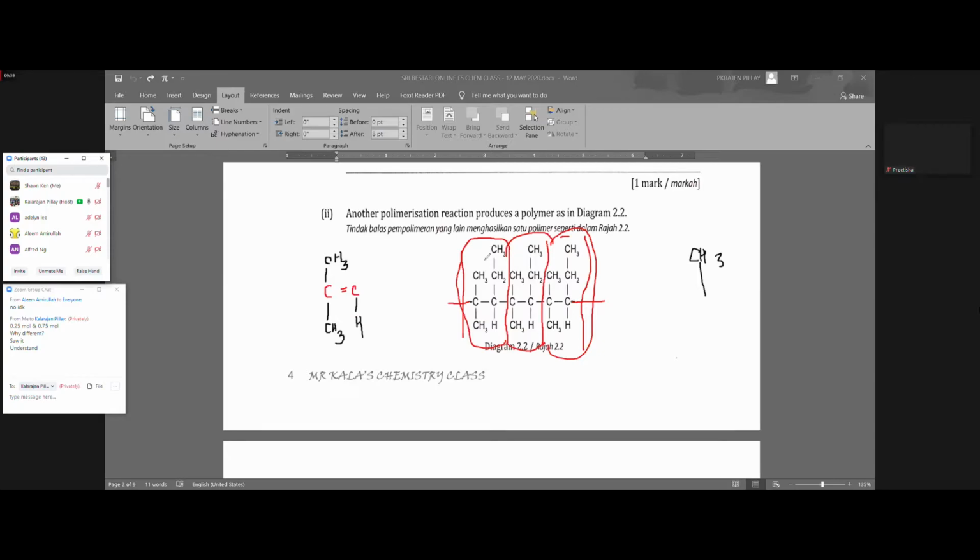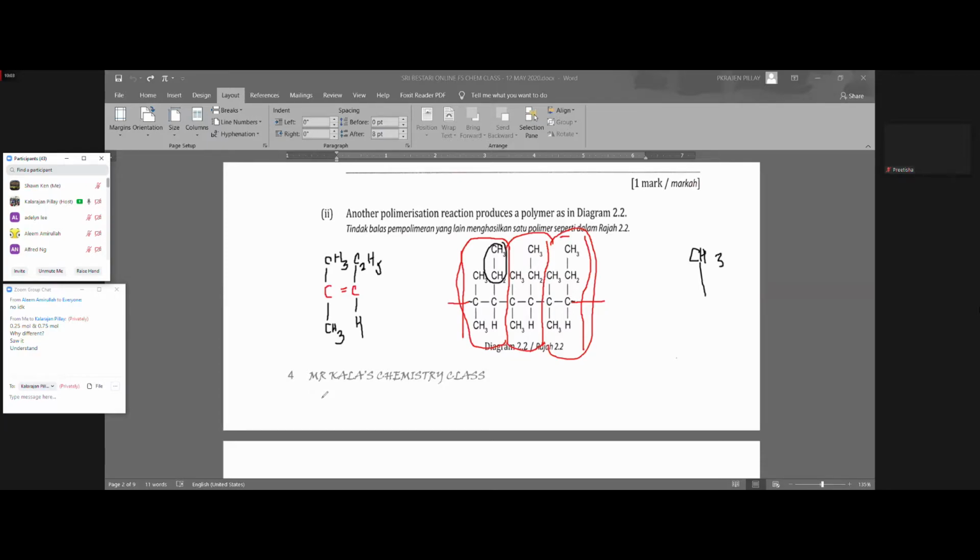These 2 you can put straight away like this, C2H5. So this is your monomer: CH3, C2H5, C2H5, and then this is your H.